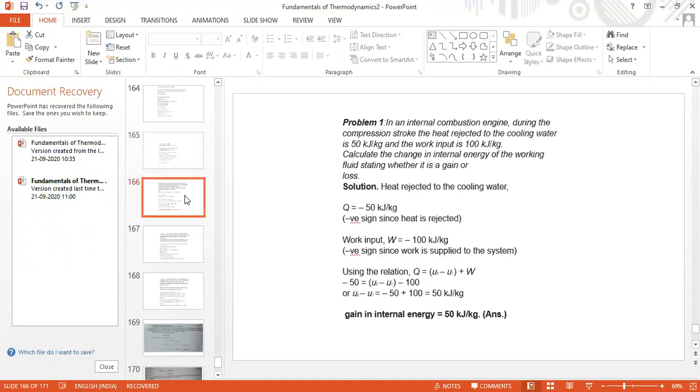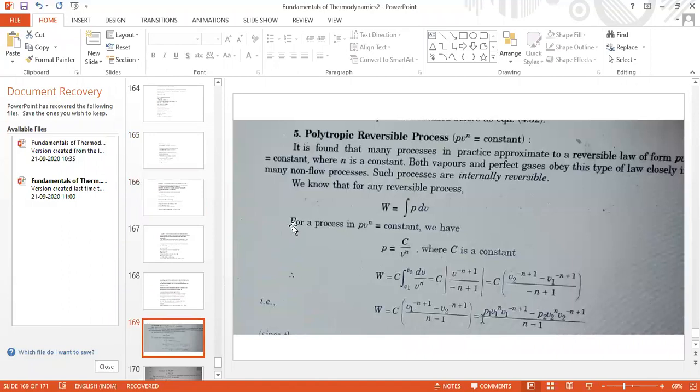And one more process, polytropic process. Polytropic process is a similar process where PV^n is equal to constant. And again, the procedure is same. In PV, we want to derive work done and heat transfer, W and Q in this process.